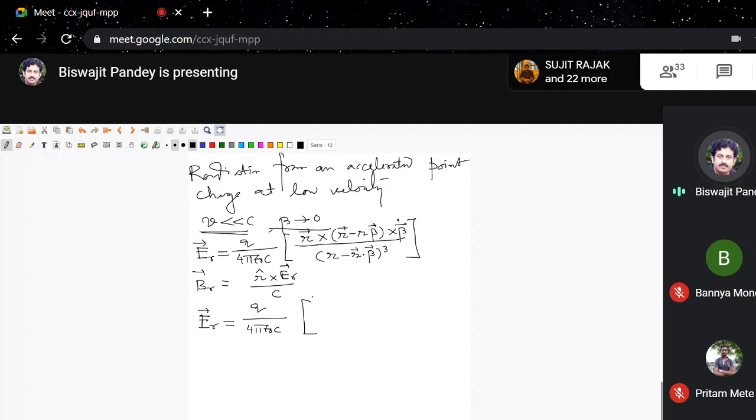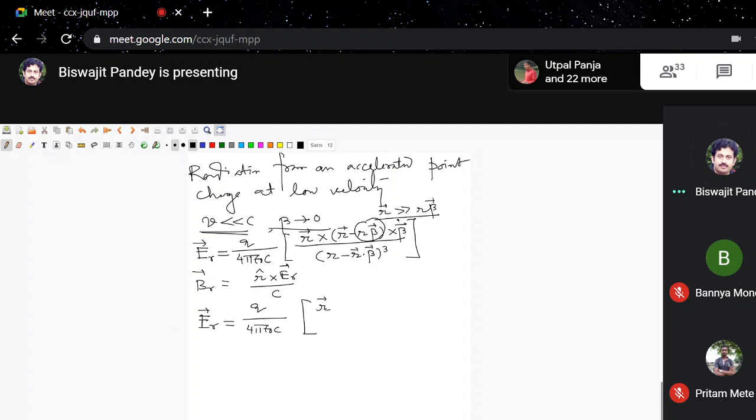This is R. And I told you that if v is much less than c, that is beta is much smaller than 1, it's not 0, much less than 1, then I can write R is much greater than R beta. So then this term can be dropped.